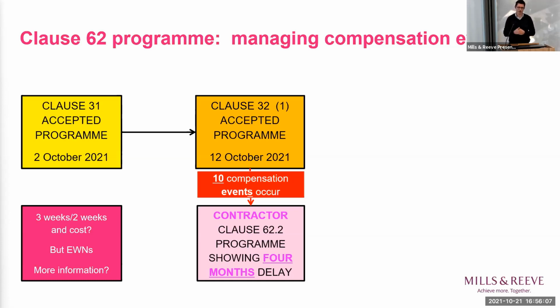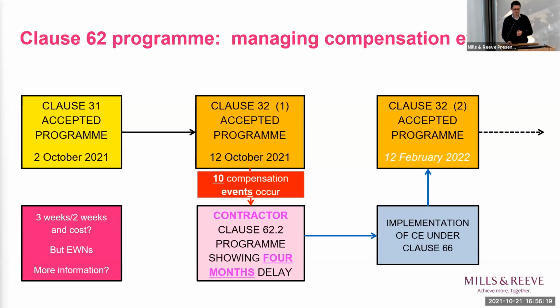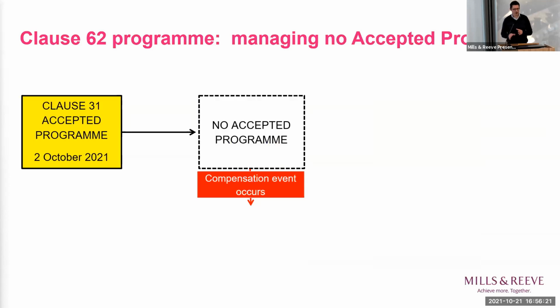And in our view, in order for an NEC project to be a success, you must keep on top of the programme, even if it means being involved in difficult conversations. It becomes even trickier if there is no accepted programme. So here in this example, the accepted programme, for whatever reason, hasn't been agreed and it's fallen by the wayside.